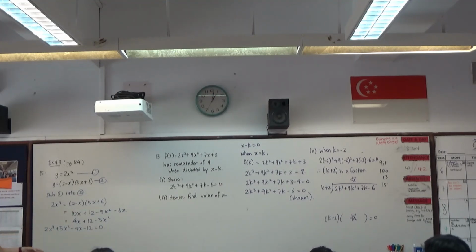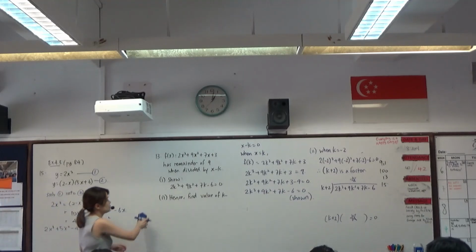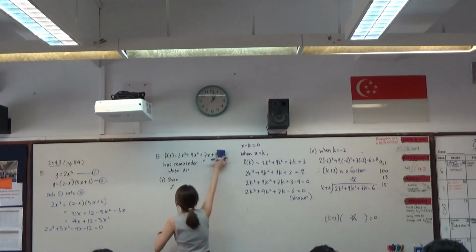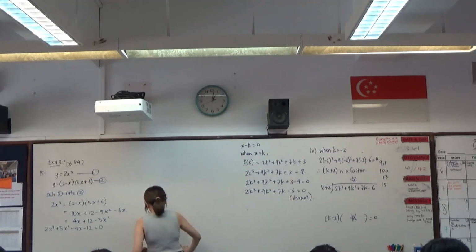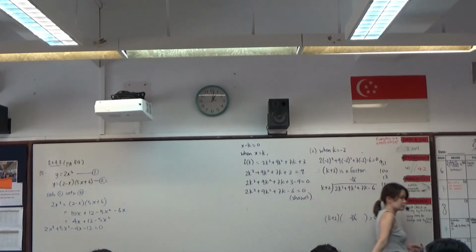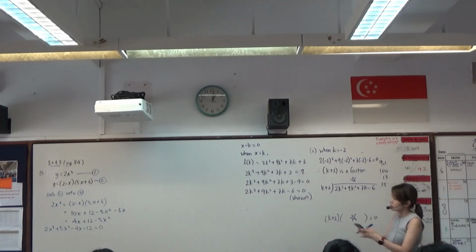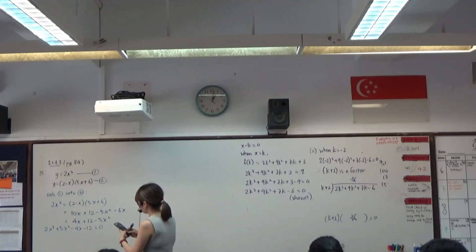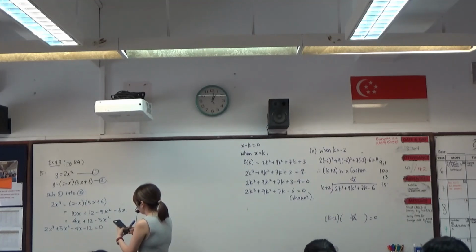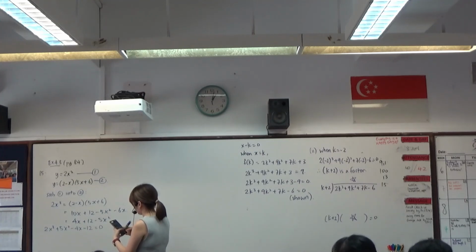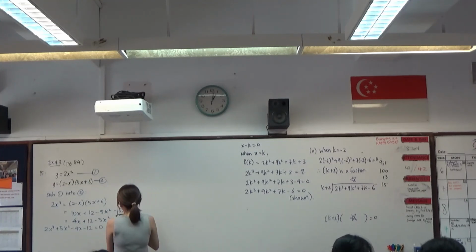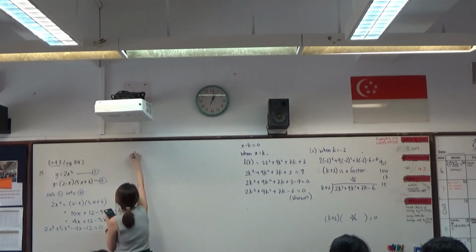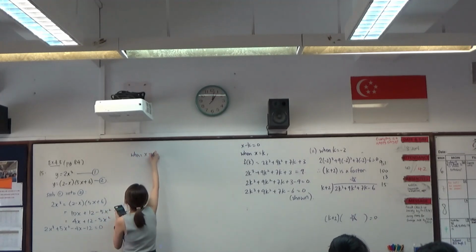So press calculator, find the factor, then do long division. The factor that we should use was 2, 5, negative 4, negative 12. Maybe also when x equals negative 2.